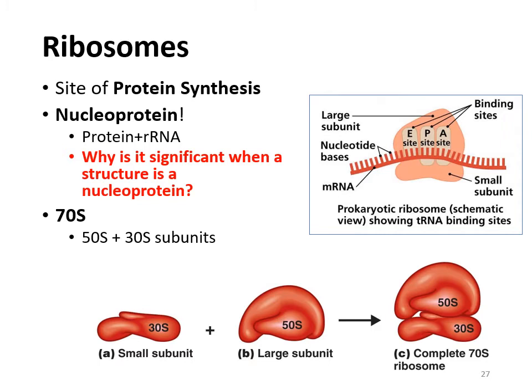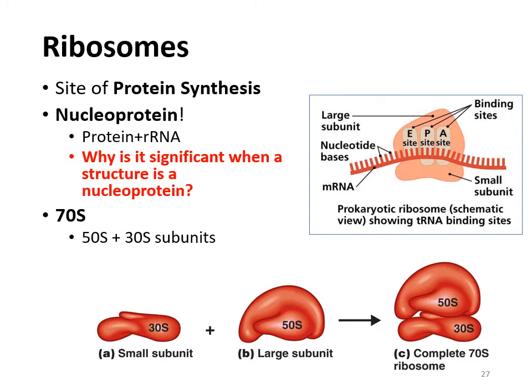We said that that's very significant because by having the single strand of RNA, that allows the ribosome to grab a hold of other strands of RNA, specifically the mRNA. So the fact that it's a nucleoprotein is significant because it allows the ribosome to grab a hold and bind mRNA.